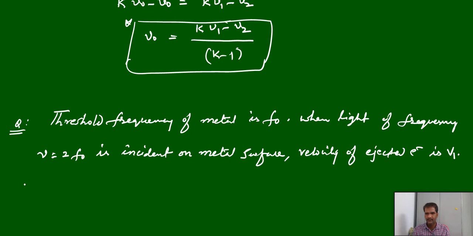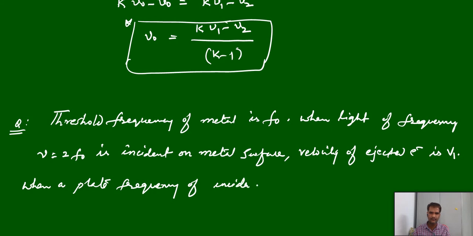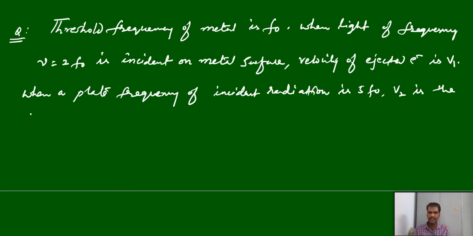When the frequency of incident radiation is 5 f naught, v2 is the velocity of the emitted electron.